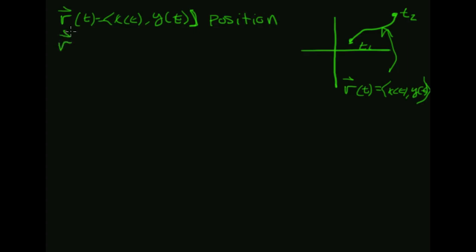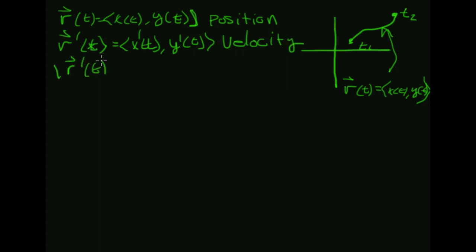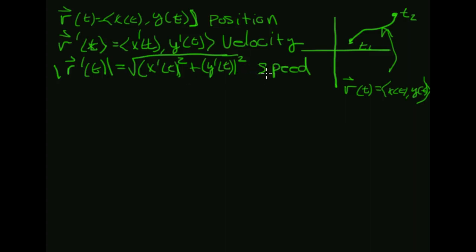If I take the derivative of that, I get x prime of t, y prime of t, and we recall that that was the velocity vector, right? So if I take the magnitude of the velocity vector, which is square root of x prime t squared plus y prime t squared, that's the speed of the particle at time t.